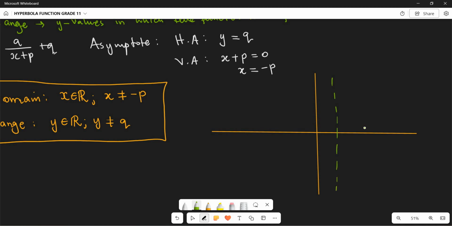These are asymptotes, it's fine. Let's have them here. Of course, this will be x equals negative p. Remember, it can be anywhere as long as we know what the value of p is.